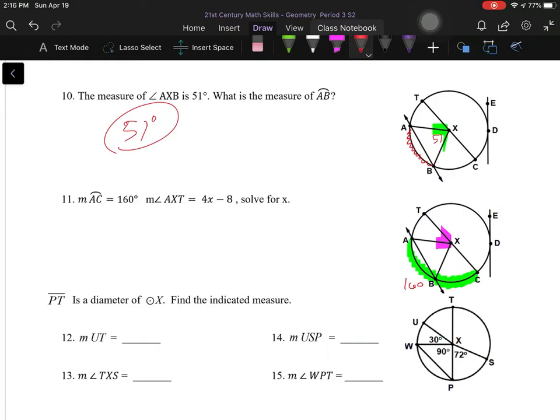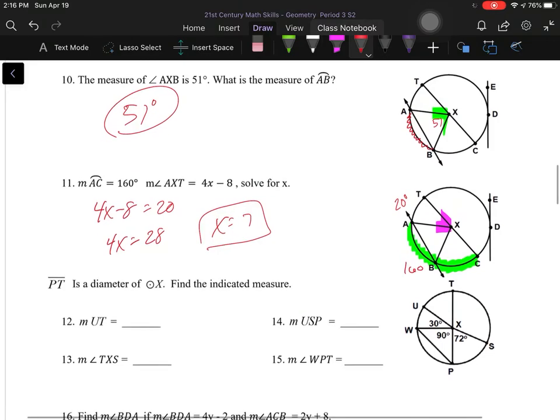So the first thing I'm going to do is find the arc AT. Since TC is a diameter, we know that this is going to be 20 degrees. Then because it's a central angle, 4x minus 8 equals 20. Then I can solve that. So 4x equals 28, x equals 7.